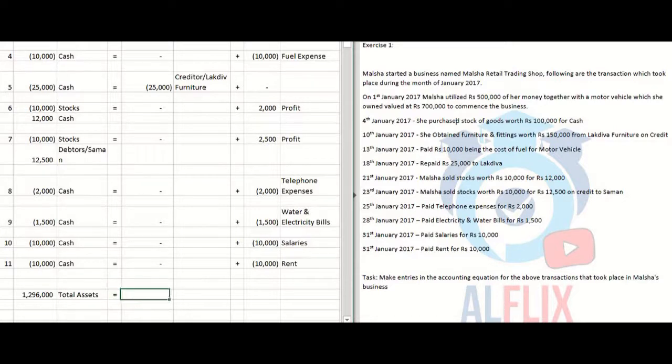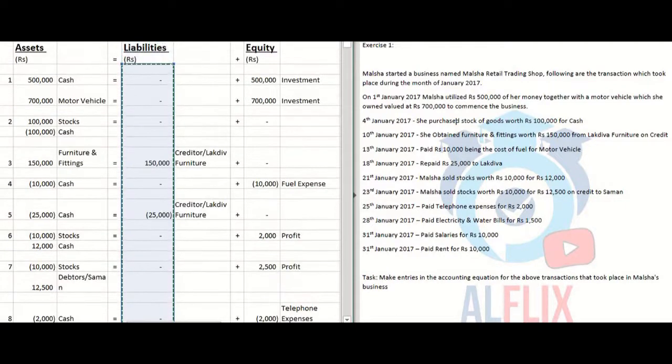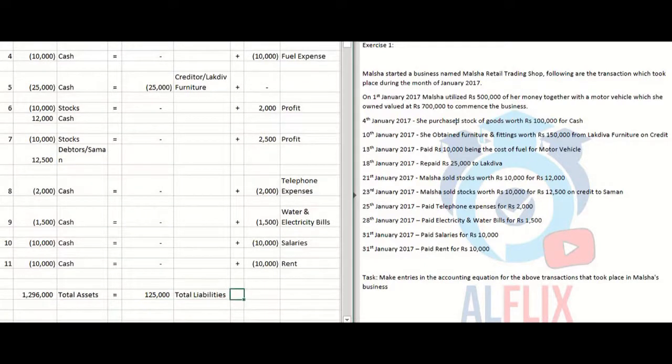So that is the value of total assets, equals to the value of total liabilities, that is 125,000, the value of total liabilities of the business, plus the total equities.